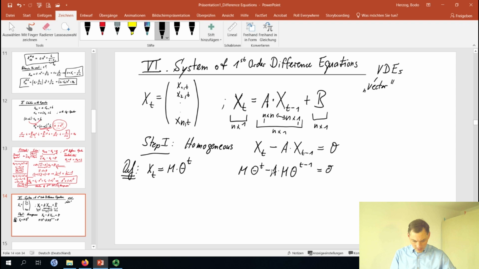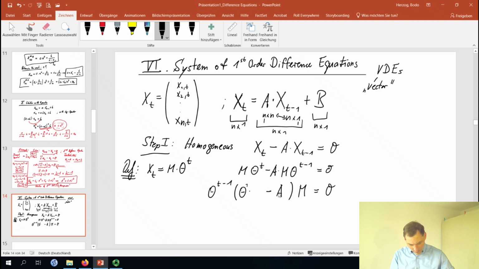Well, we can factor out, on the one hand, theta to the power of t minus 1, and we can factor out an m, which is a constant. And what do we have inside the bracket? We would have my matrix A, and here I would have a theta, because this is theta to the power of 1. That gives me my theta to the power of t.